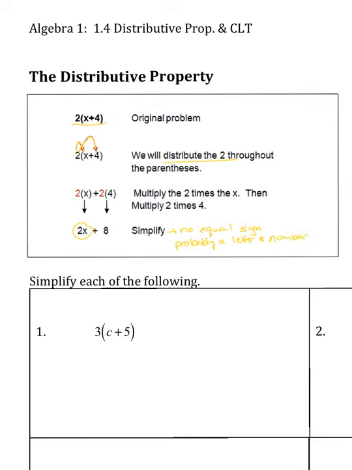You are not going to say 2x plus 8 equals 10x. That does not work. Simplify tells you, oh, I'm not going to have just one thing left. It's really rare that you do.